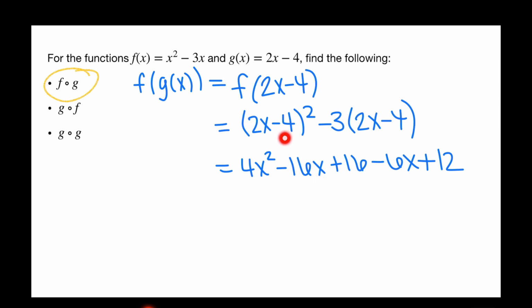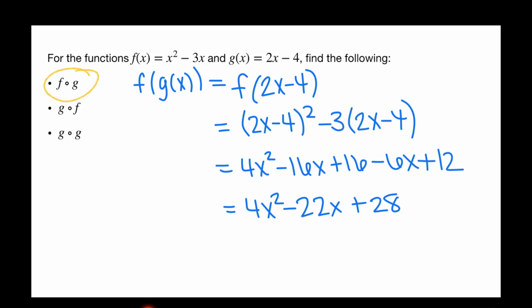And then minus 4 times minus 4 is plus 16. Then I distribute the negative 3. That gives me minus 6x plus 12. Finally, I can combine my like terms. So I've got 4x squared minus 22x plus 28. And there's my final answer. That is f composed with g.